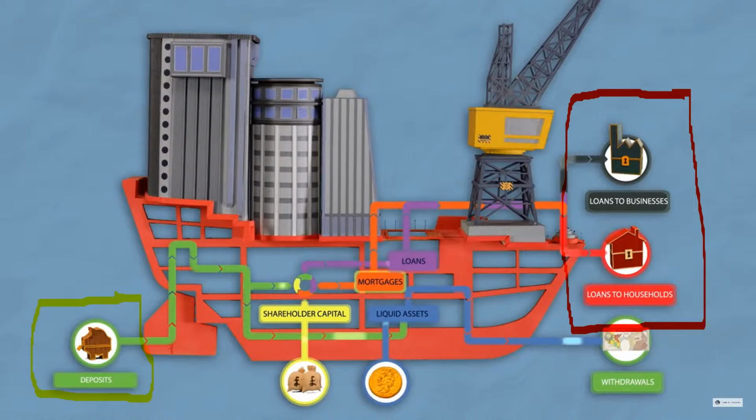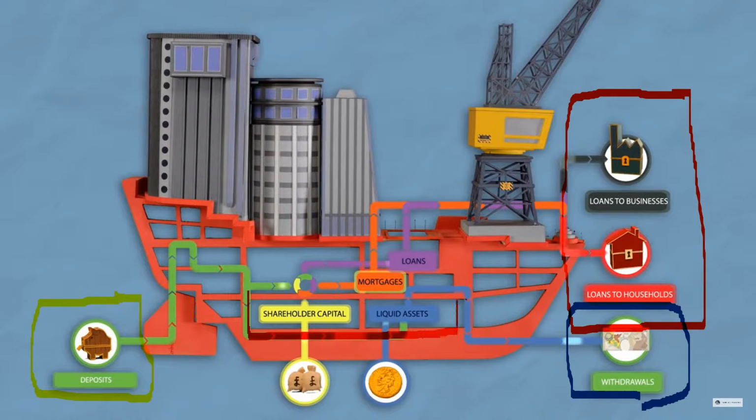Now we also want to be able to go to our bank and withdraw money. So the bank can't lend out all the deposits it receives. It must keep some money within the bank, on this diagram indicated by the liquid assets and shareholder capital.